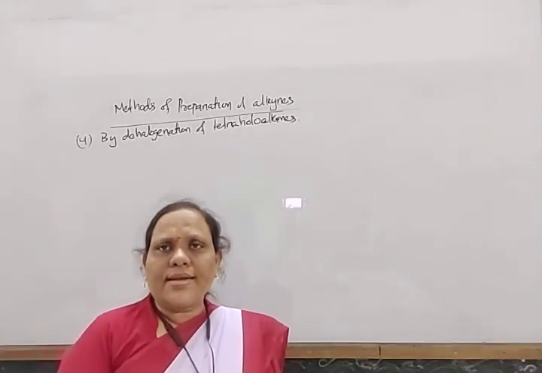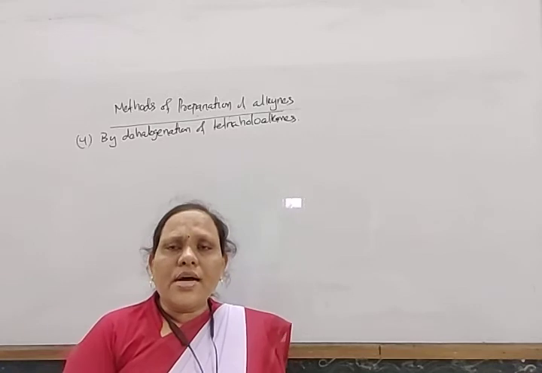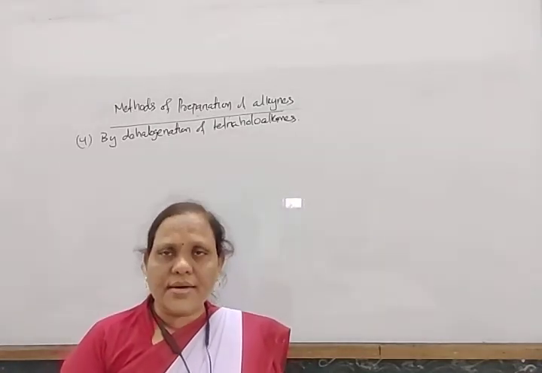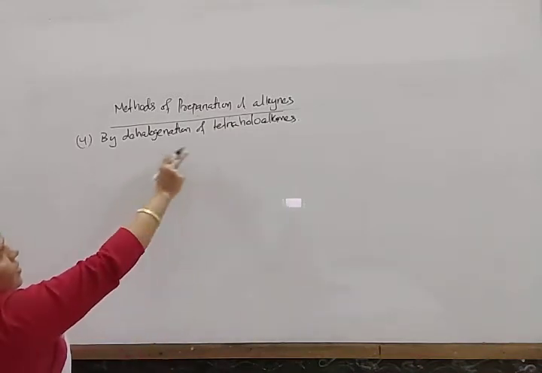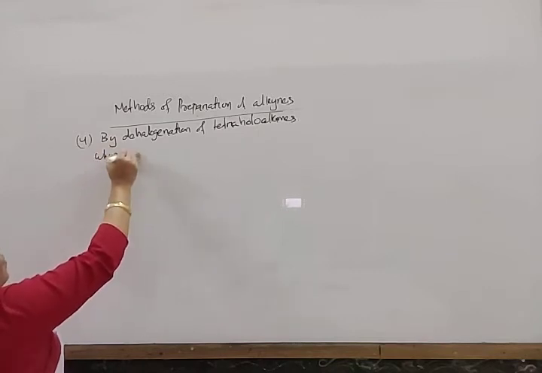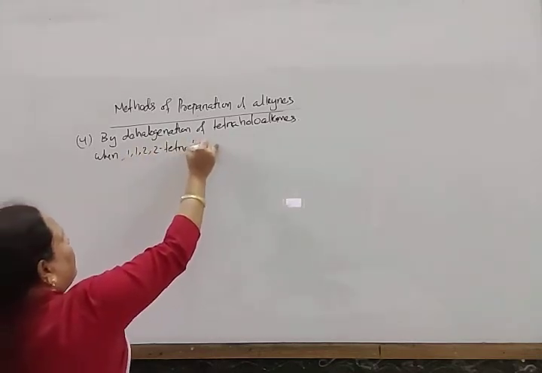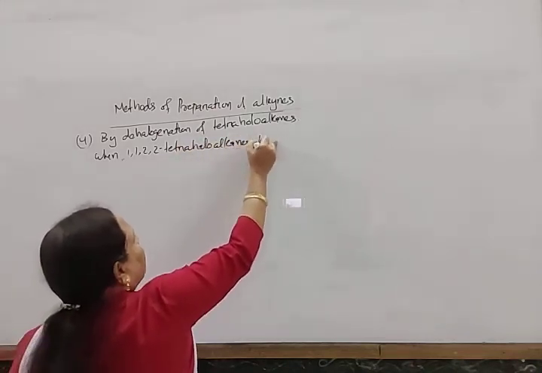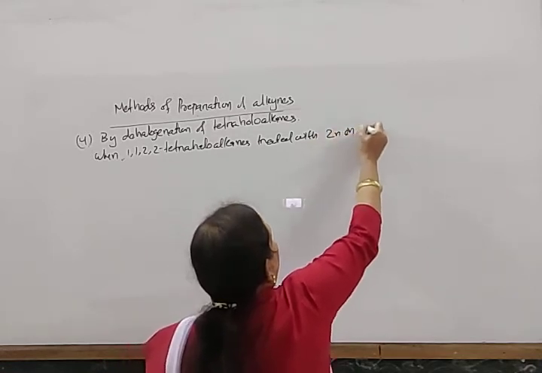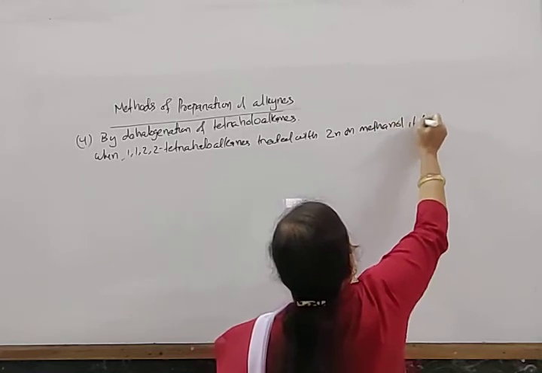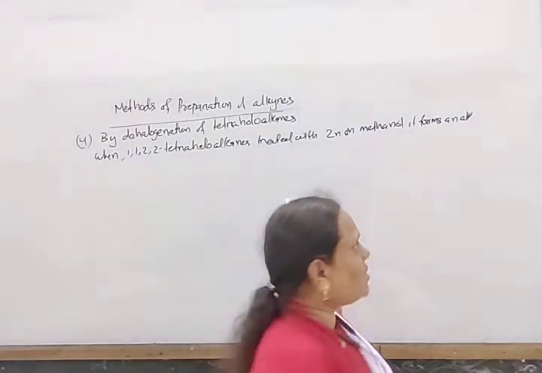When a tetrahaloalkane like 1,1,2,2-tetrahaloalkane is heated with zinc in methanol medium, it forms an alkyne.